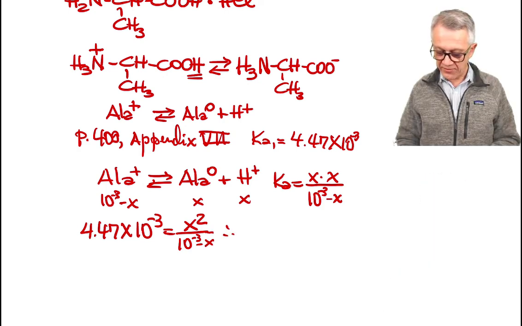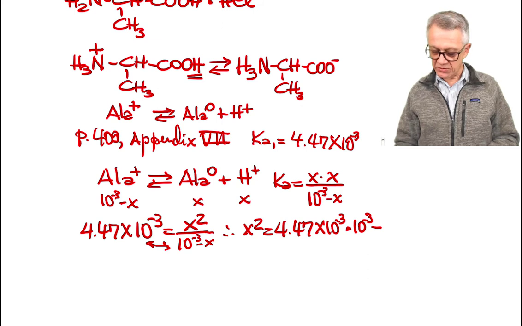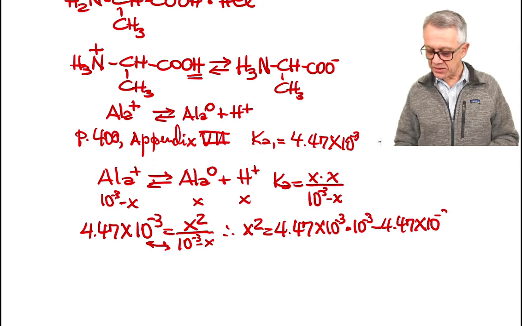So from here, I'm going to multiply this term by this one. It's going to give me 4.47 times 10 to minus 3 times 10 to minus 3, minus, from this second term here, 4.47 times 10 to the negative 3 times x.